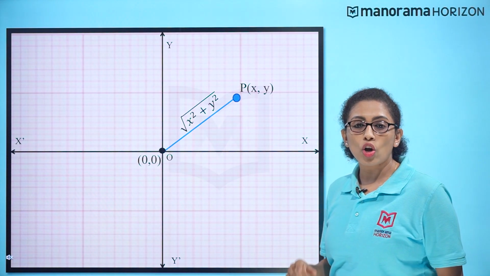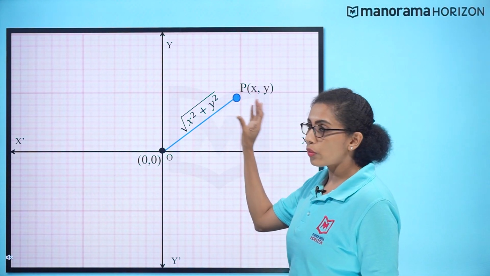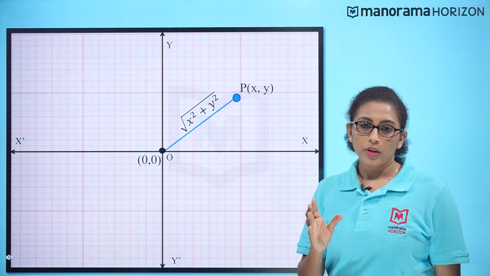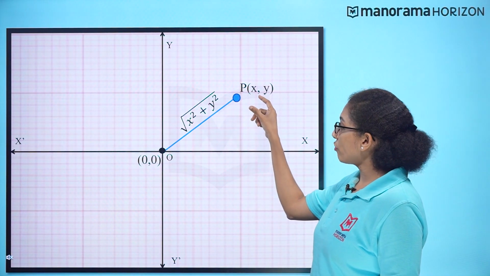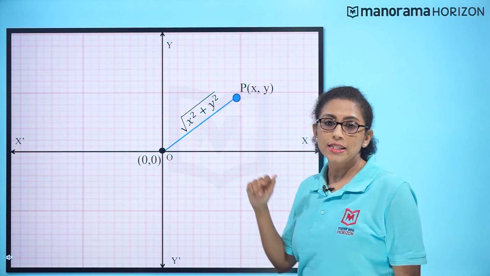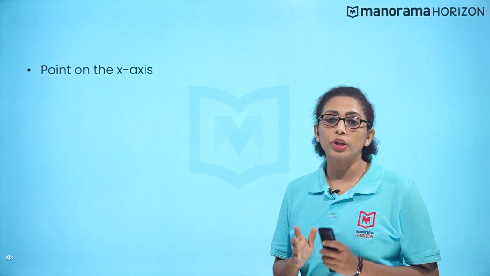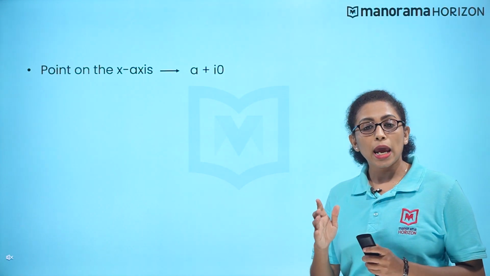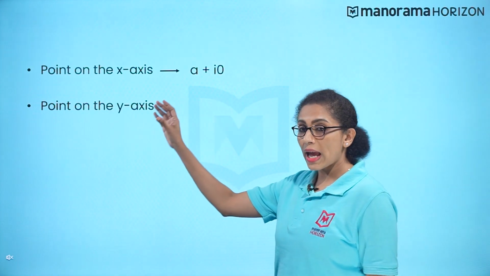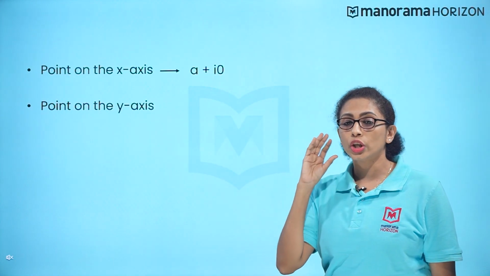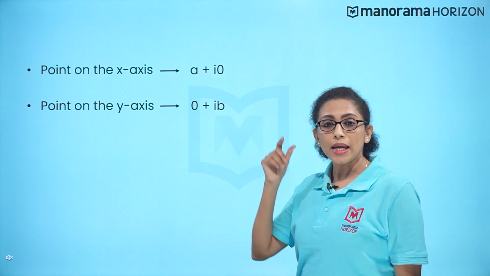And the modulus of the complex number x plus iy is given by root of x square plus y square, which is nothing but the distance of the point P of x, y from the origin 0, 0. The point on the x-axis corresponds to the complex number a plus i0, while the point on the y-axis corresponds to the complex number of the form 0 plus ib.